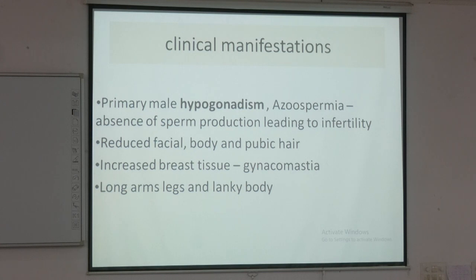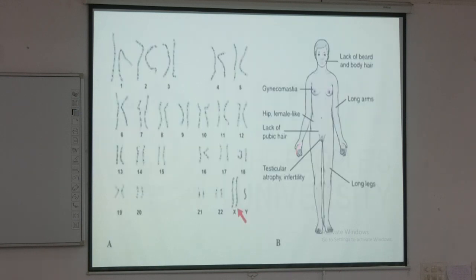The individual who is suffering has a female characteristic pattern because of the extra X chromosome with female-like substance. They have gynecomastia, a male person with breasts. We have an increased amount of estrogen and progesterone. These persons have reduced hair on the body and less pubic hair, and their arms and legs are a little bit longer.